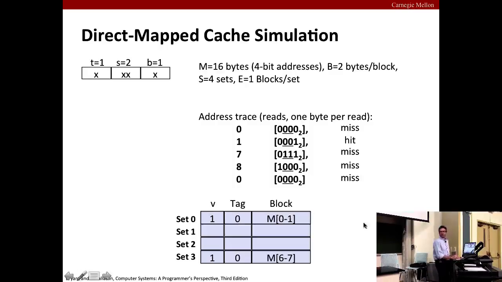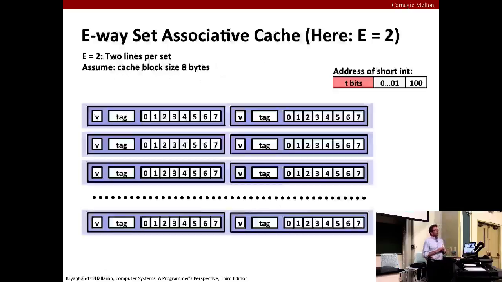Any other questions? Okay, so this is the reason why caches have higher associativities, higher values of E. So for values of E greater than 1, we refer to them as E-way set associative caches.